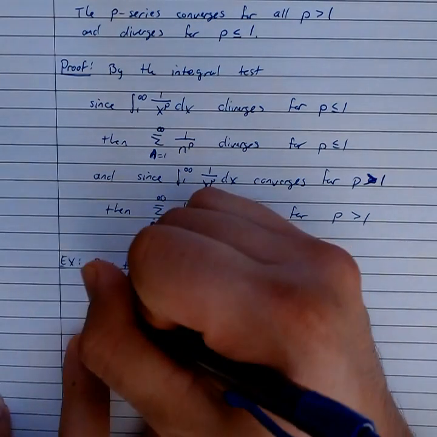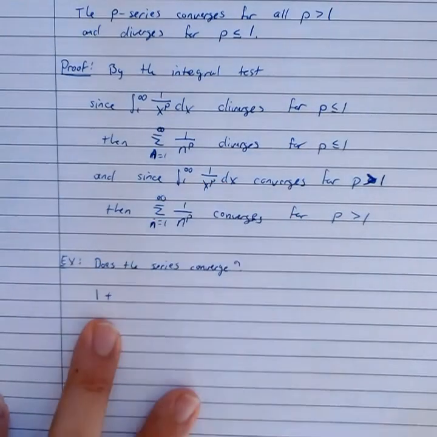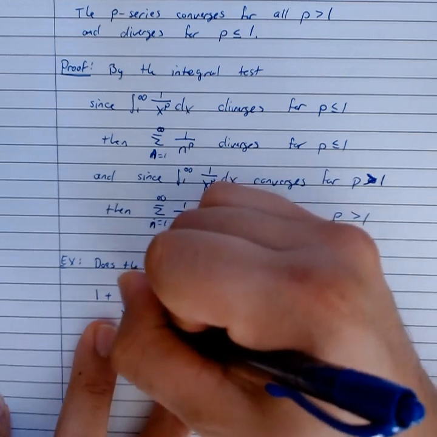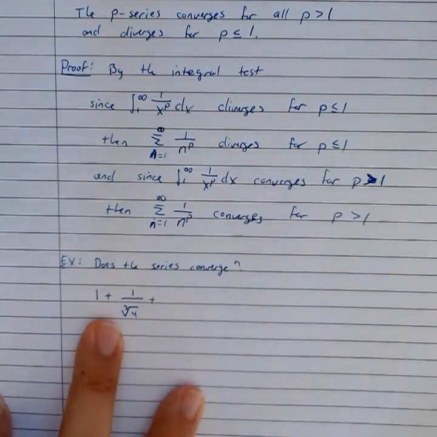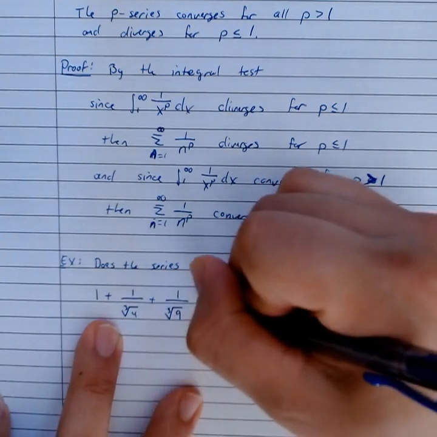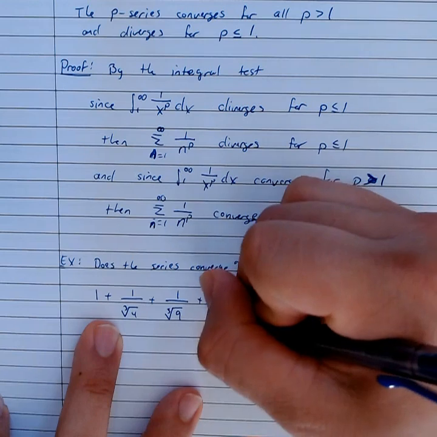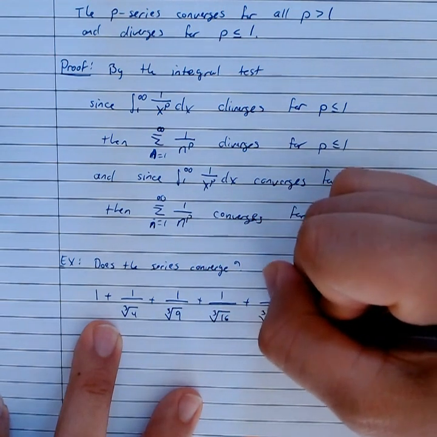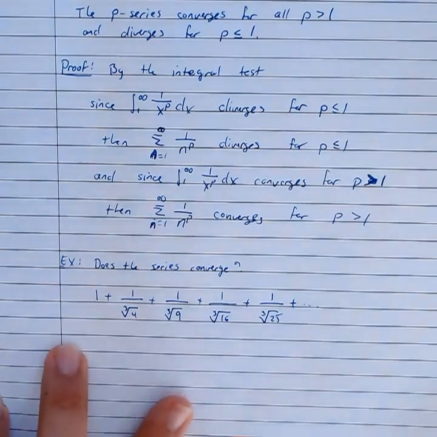So here, this is the series 1 plus 1 over the cube root of 4 plus 1 over the cube root of 9 plus 1 over the cube root of 16 plus 1 over the cube root of 25 plus dot, dot, dot.